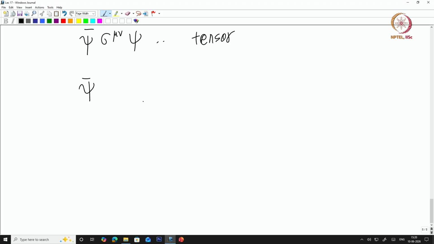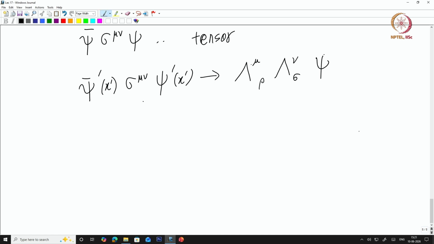So, psi bar of x sigma mu nu psi of x, with prime, transforms with some lambda mu rho and lambda nu sigma, lambda mu rho lambda nu sigma, times psi bar of lambda inverse of x sigma rho sigma and then psi of lambda inverse of x essentially.